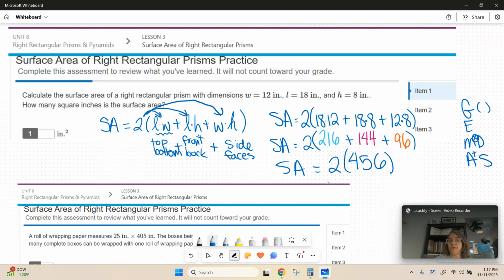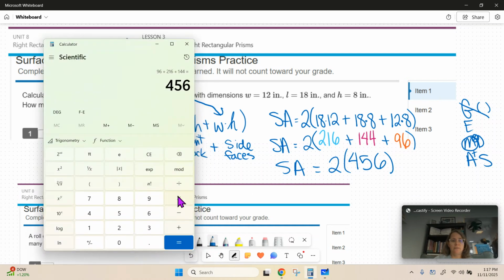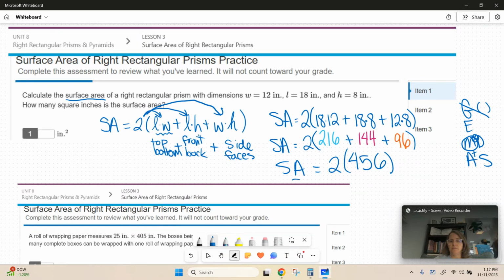SA is for surface area, by the way. Now I'm just going to multiply and I'll be finished. So 456 times 2, and I get 912. These are inches, so surface area would be measured in square inches because you're just covering the surfaces there. That's a two-dimensional kind of thing.